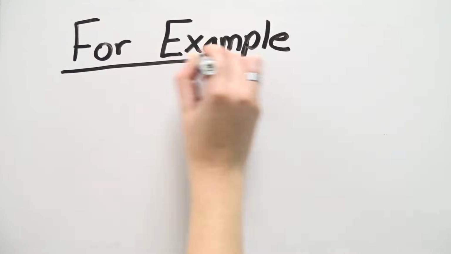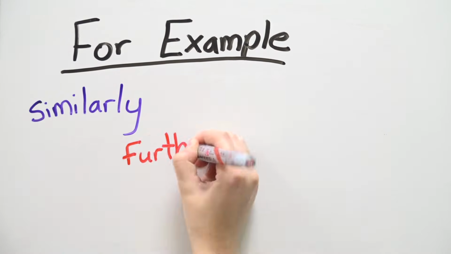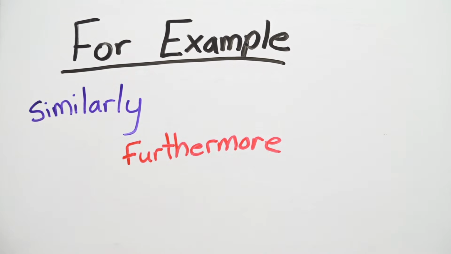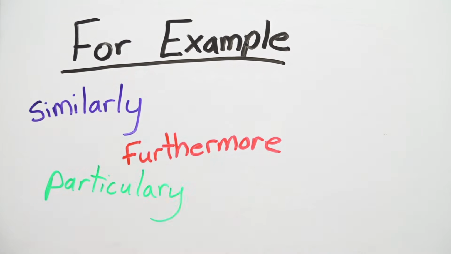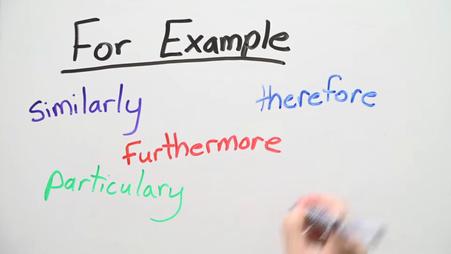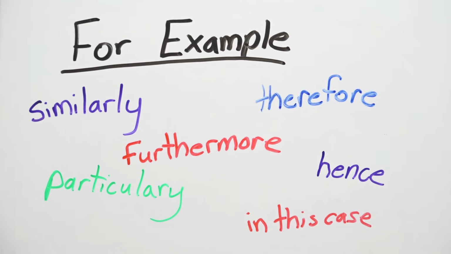Common examples are similarly, to express similarity between ideas, or furthermore, to express additionality between ideas. There are tons and tons of ways that ideas can be connected, and different transitions to indicate those ideas. The only way to learn all of them will be to keep reading and practicing your writing.